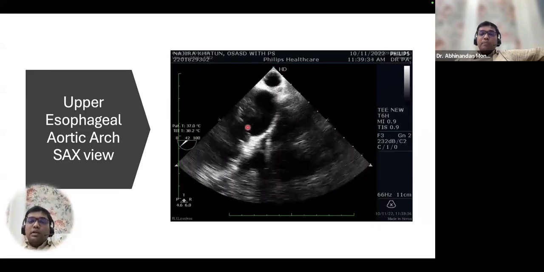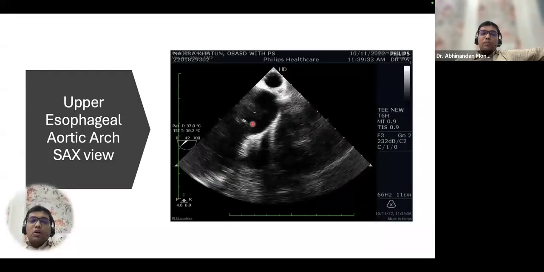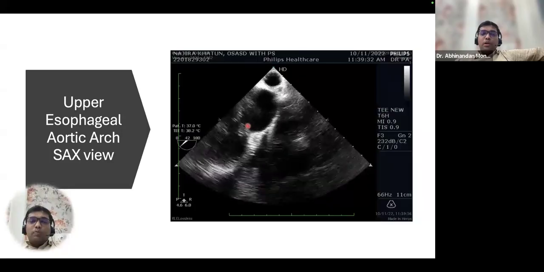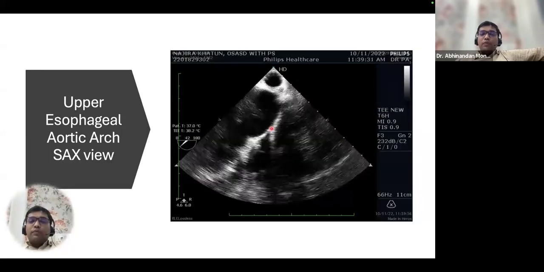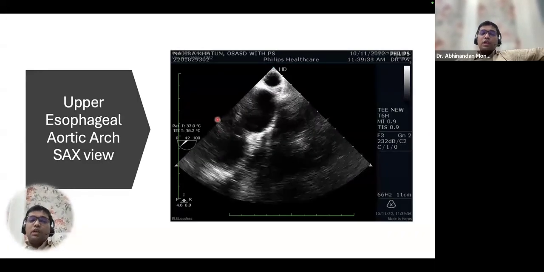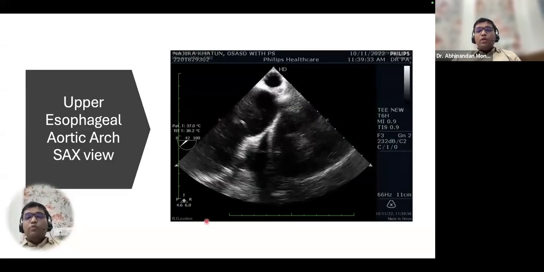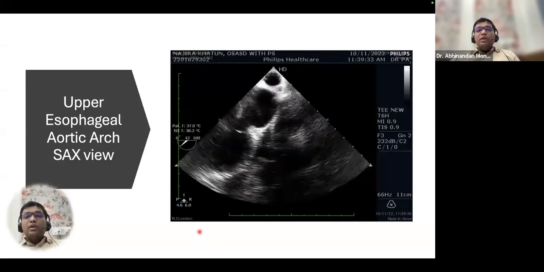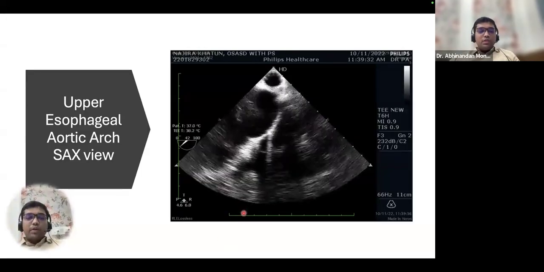This is the particular view that is very useful to put any color Doppler or any pulse wave or continuous wave Doppler on your pulmonary valve, so that you can see a proper waveform and understand from this image whether the patient is having any PH or not. So if you want to put a pulse wave or continuous wave Doppler on the pulmonary artery or over the pulmonary valve, this is the best view for you.